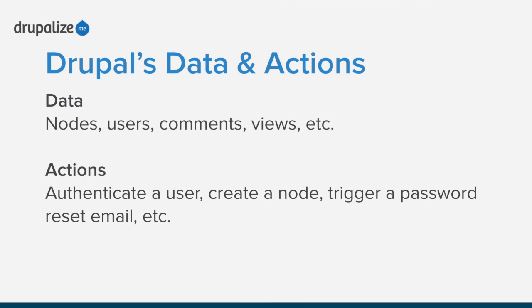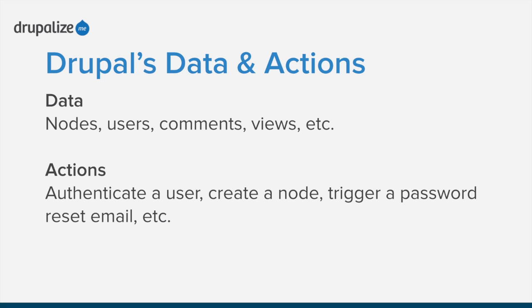What do we mean when we talk about Drupal's data and actions? If you think about the applications that we build with Drupal, you can really sum it up to there's data. There's things like nodes and users and comments and lists of data, views, files, all the content of our site. Services understands Drupal's data and its formatting and allows us to access that data in a variety of different formats.